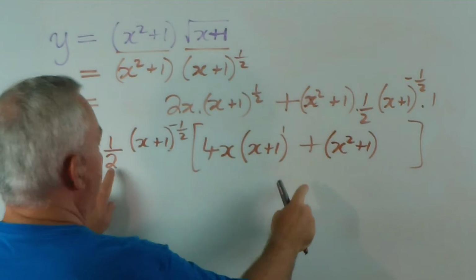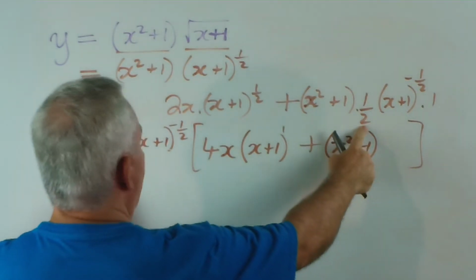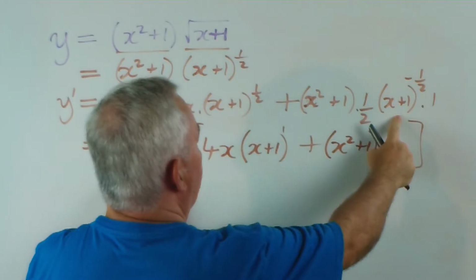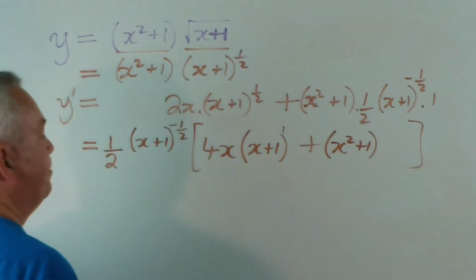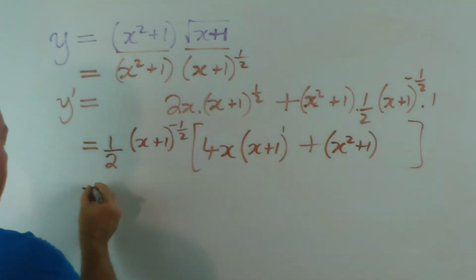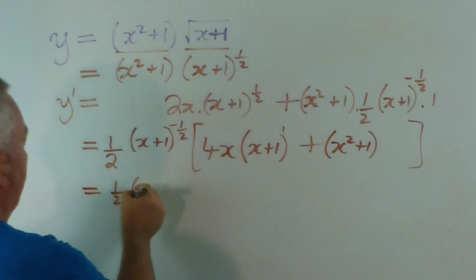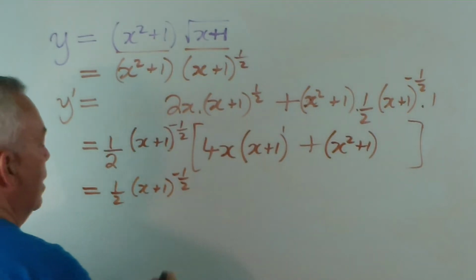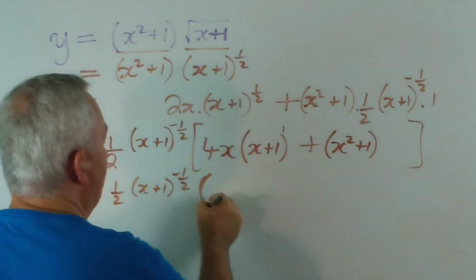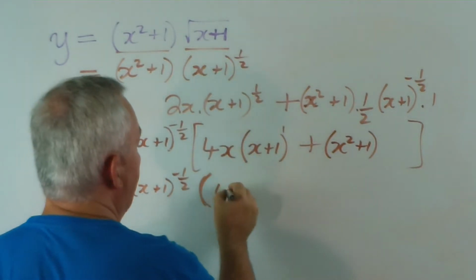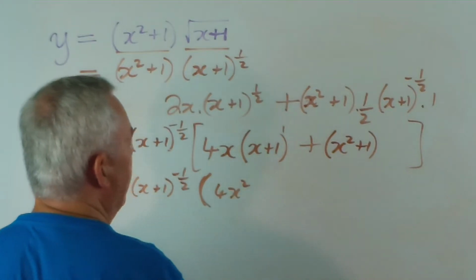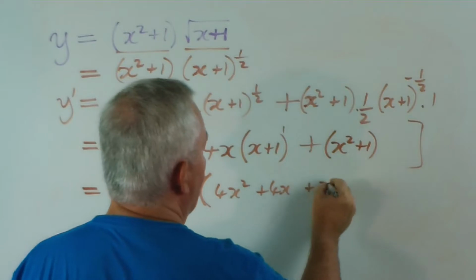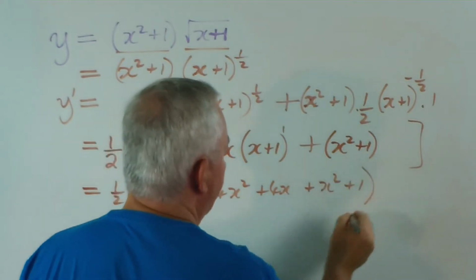So let's check out a half times this, times that, times 1 if we wanted. So this equals a half x plus 1 to the negative a half. And this is going to be 4x times, oh, we're going to get a quadratic, aren't we? 4x squared plus 4x plus x squared plus 1.